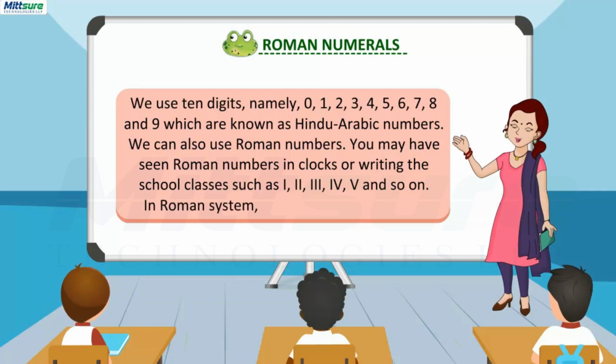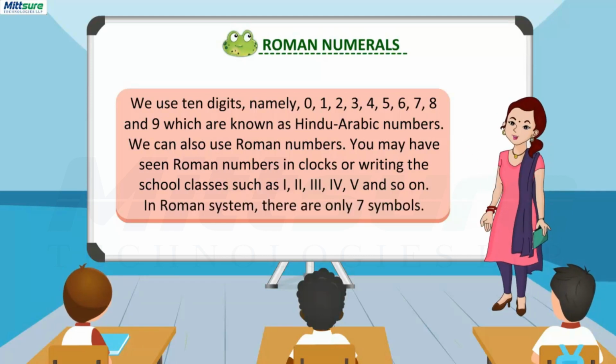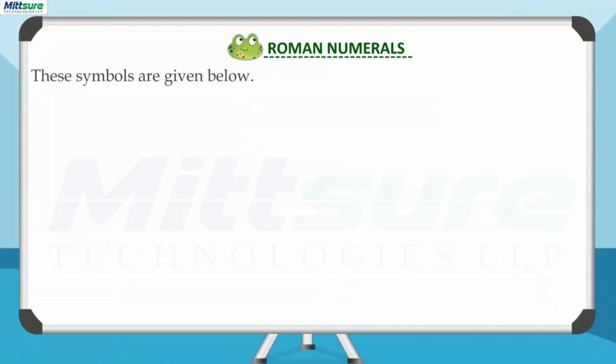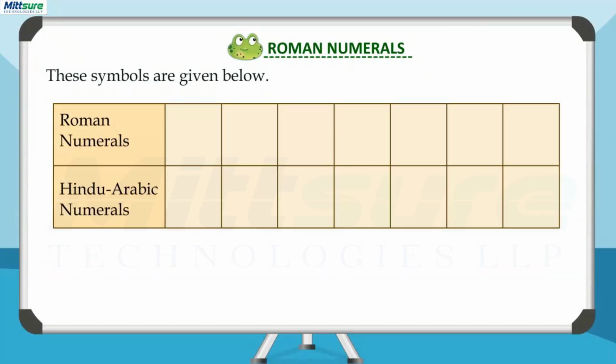In the Roman system, there are only 7 symbols. These symbols are given below. Roman numerals: I, V, X, L, C, D, M. Hindu Arabic numerals: 1, 5, 10, 50, 100, 500, 1000.